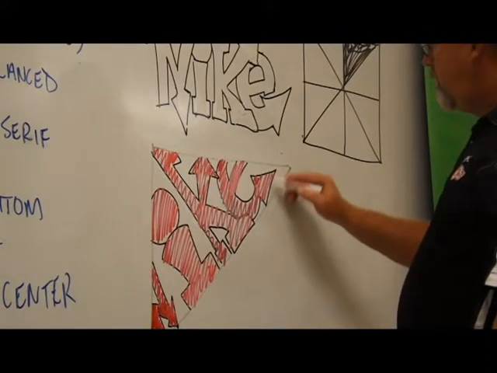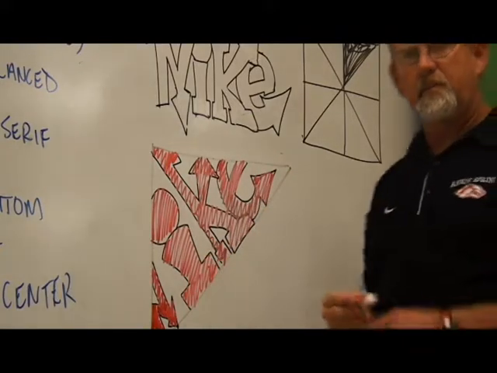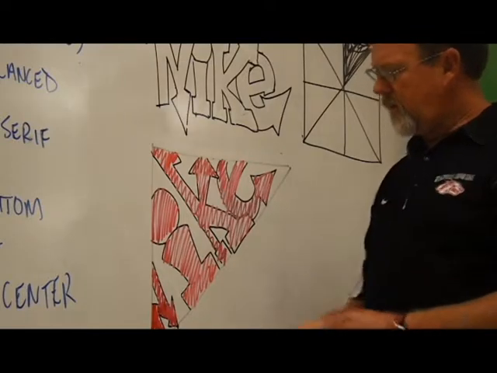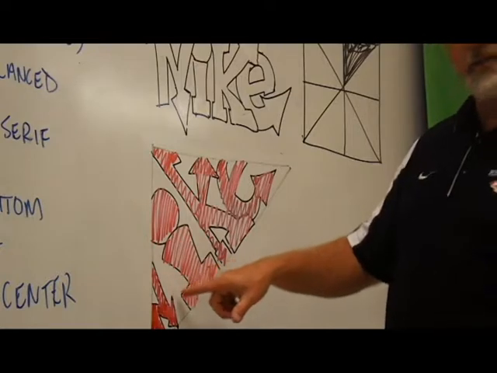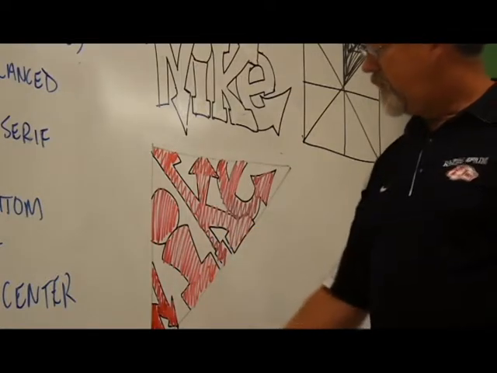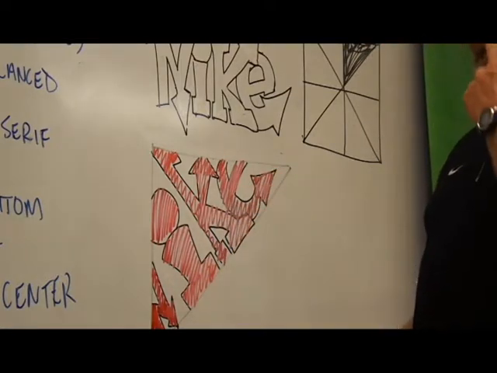Just my white balanced with my red. Do I create interesting negative space shapes with my design? Are they as visually interesting as the letters themselves? And that will all contribute to your balance of the image.